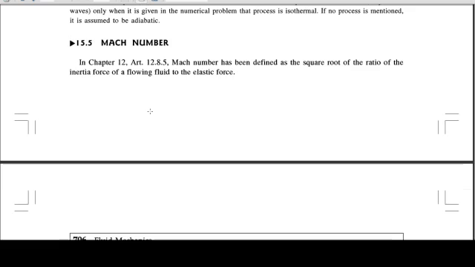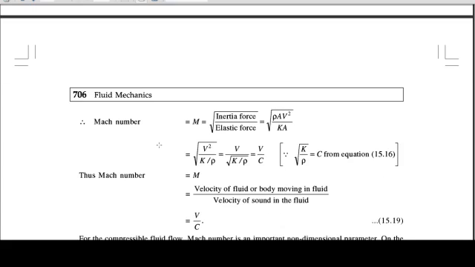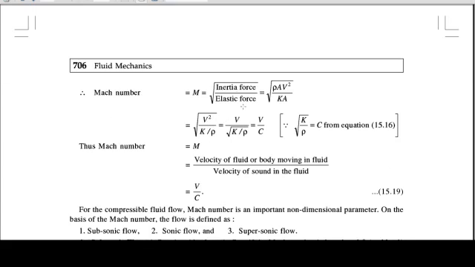As we know, Mach number is defined as the square root of the ratio of the inertia force of the flowing fluid to the elastic force. Here the Mach number is equal to under root of inertia force upon the elastic force.